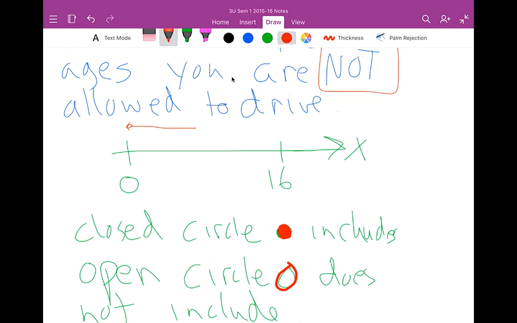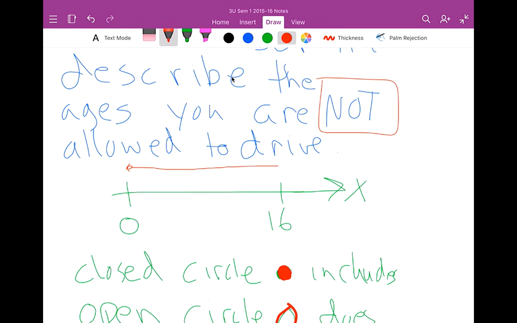A number line to describe this would go between 0 and 16. But then we have to decide which numbers are allowed and are not allowed. If the solution set is the ages that you are not allowed to drive, you're definitely not allowed to drive when you're 0 years old, the day you're born. But you are allowed to drive when you're 16, which is kind of weird. So my number line goes to 16.